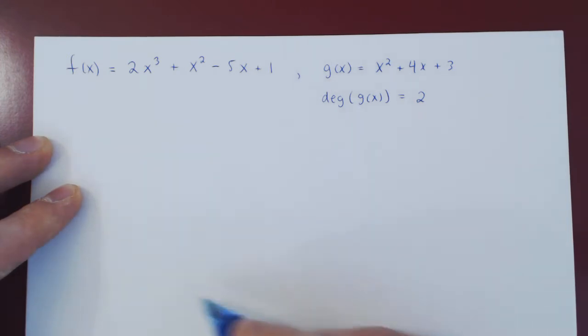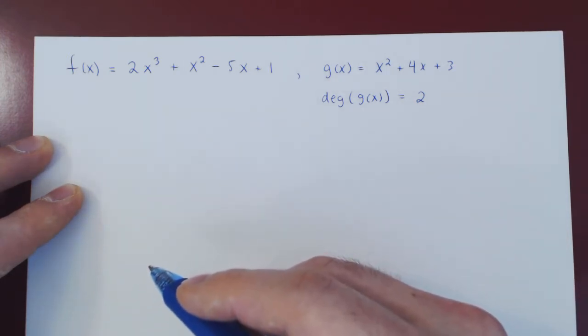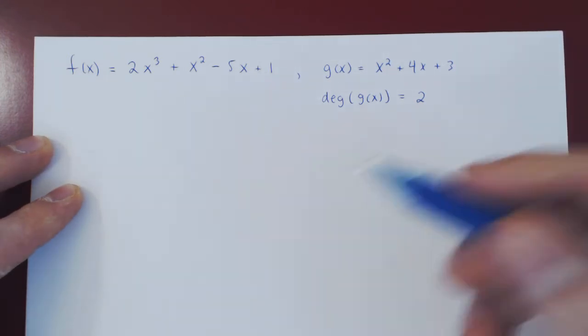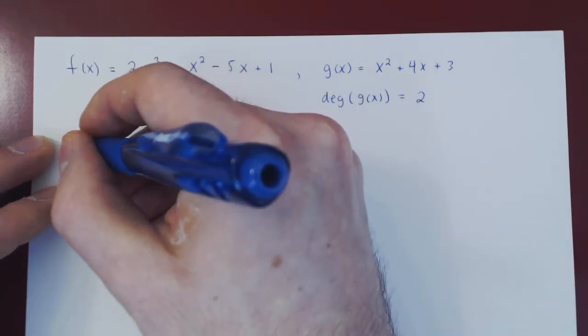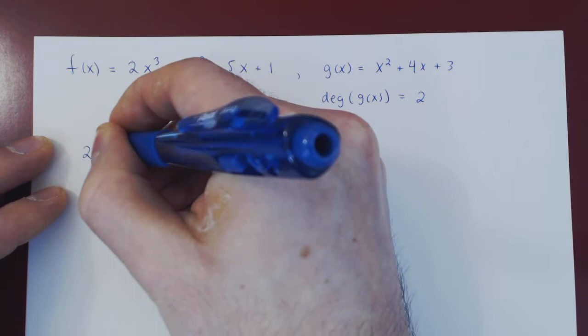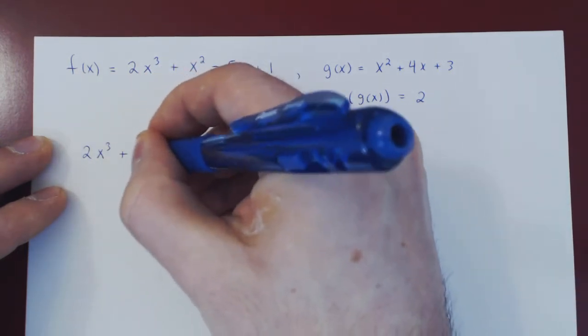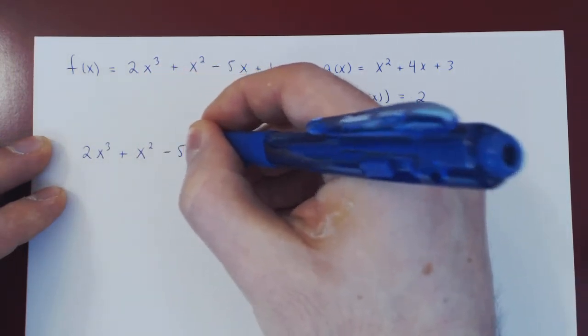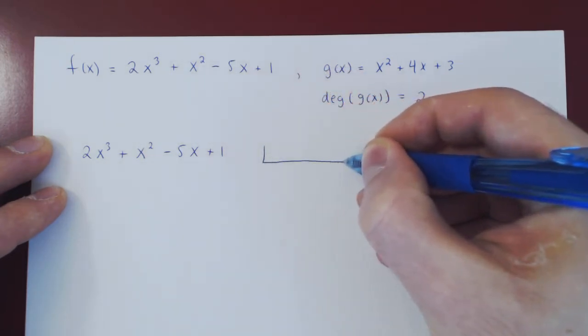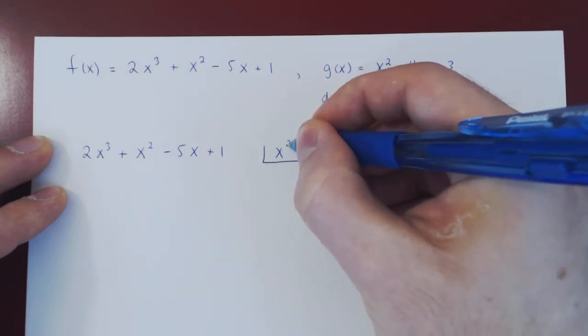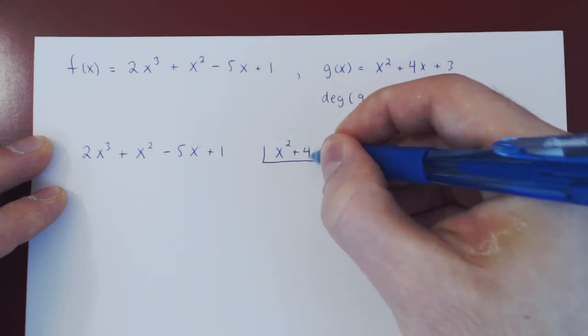I'll write this first long division using the French way of writing it down, and in our second example I'll write it using the English notation. So we divide 2x cubed plus x squared minus 5x plus 1 by g, which is x squared plus 4x plus 3.